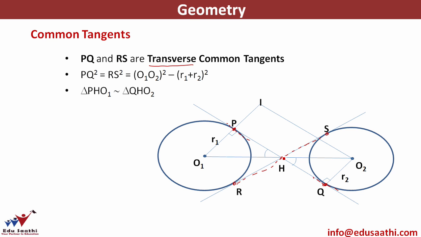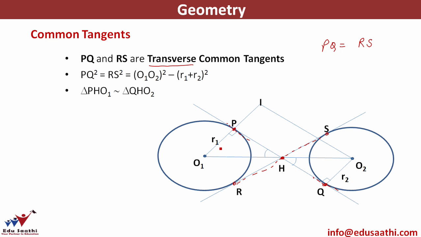Both the tangents intersect at a point. Such tangents will be known as transverse common tangents, and the lengths of this pair would be equal. So whatever is the length of the first tangent would be equal to the length of the second tangent. So the length of PQ will be equal to the length of RS.